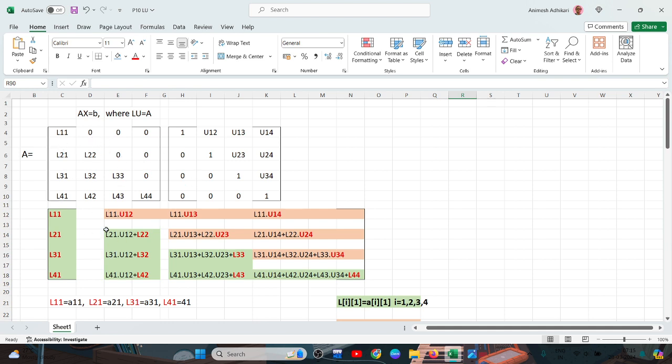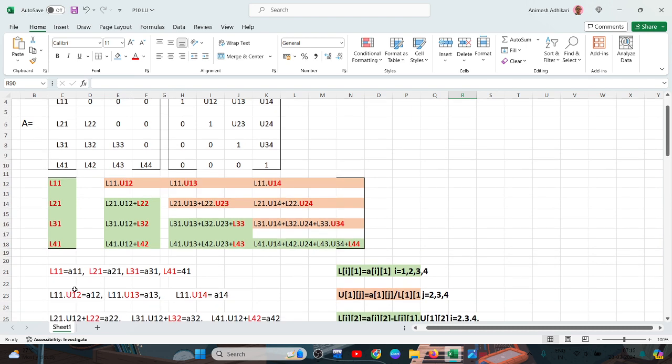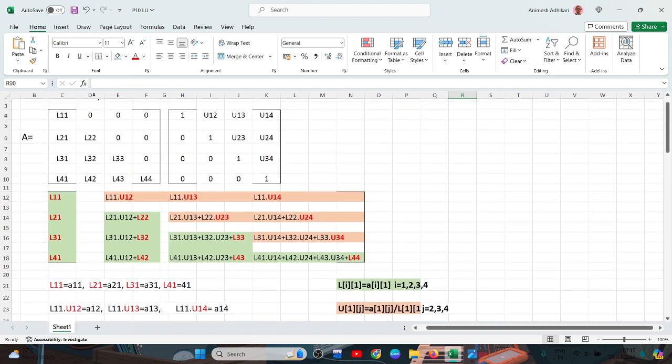Next, first row, second column: L11 U12 equal to A12. So first we multiply the matrices L and U, and we get a 4 by 4 matrix which is equal to the coefficient matrix A.